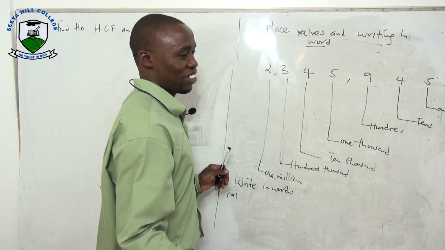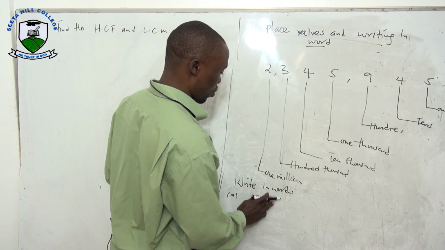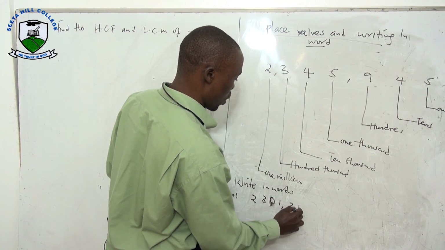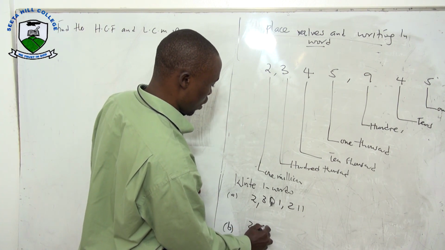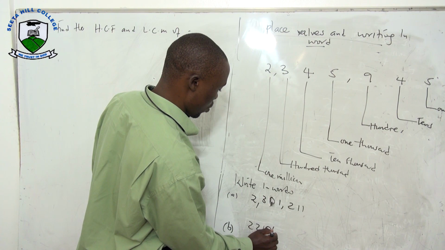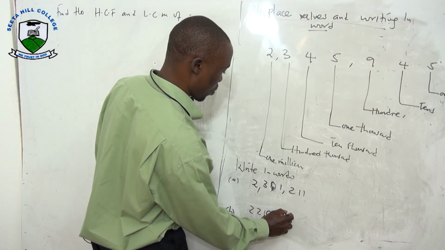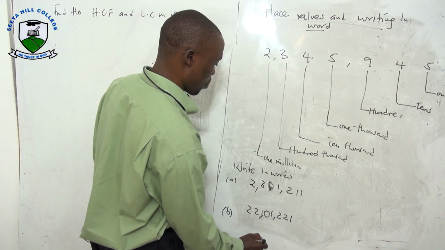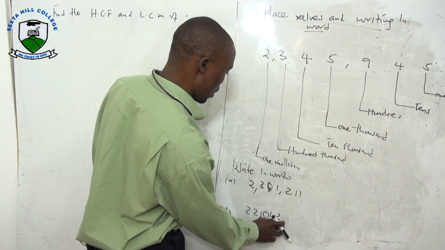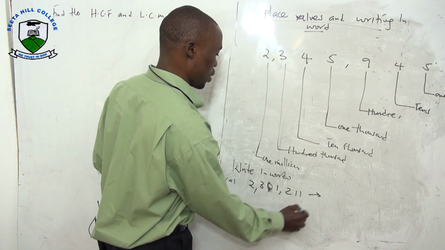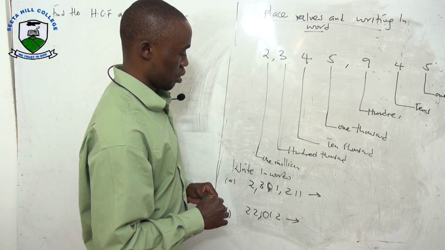This is really, you see, it's now writing words. 2,342,301. How do you read that? Yes, can you read this? 2,301,211.